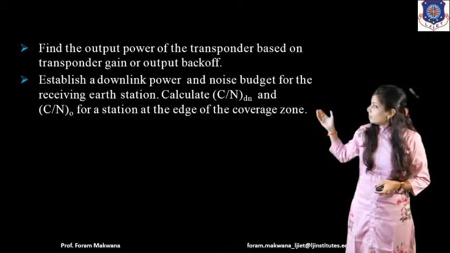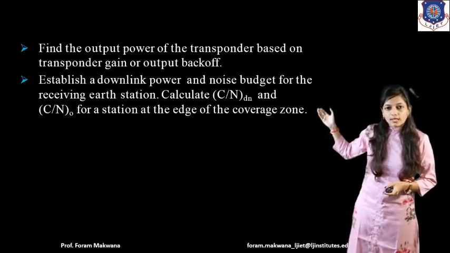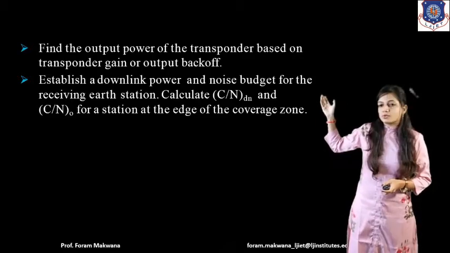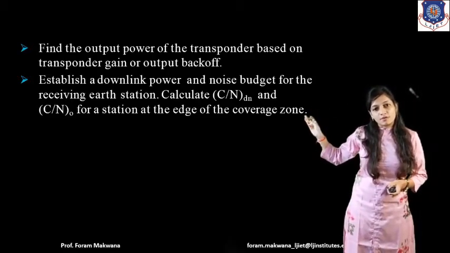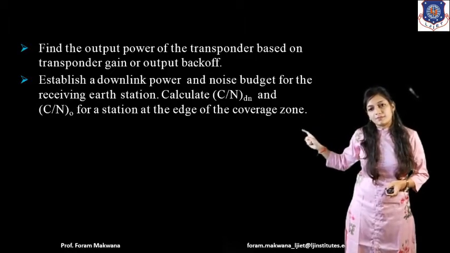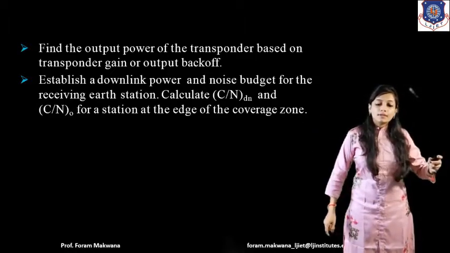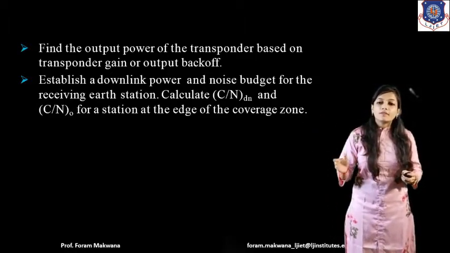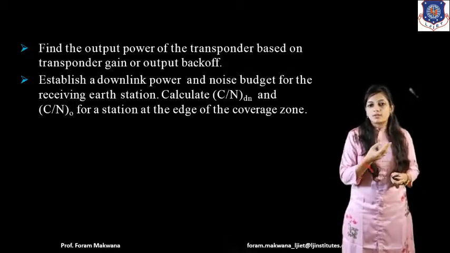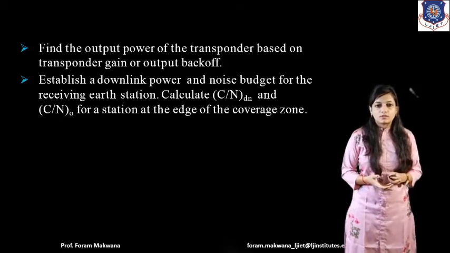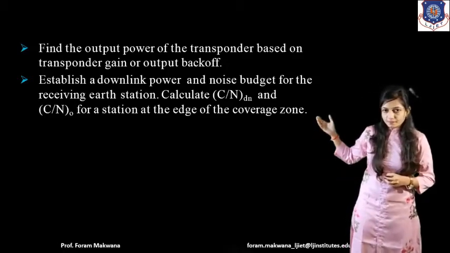As we are going to establish for the downlink, we need to consider carrier power and the noise power for the receiving earth station. If we are dealing with the uplink, we need to consider carrier power and noise power for the transmitter, or you can say the transmitting earth station, right?